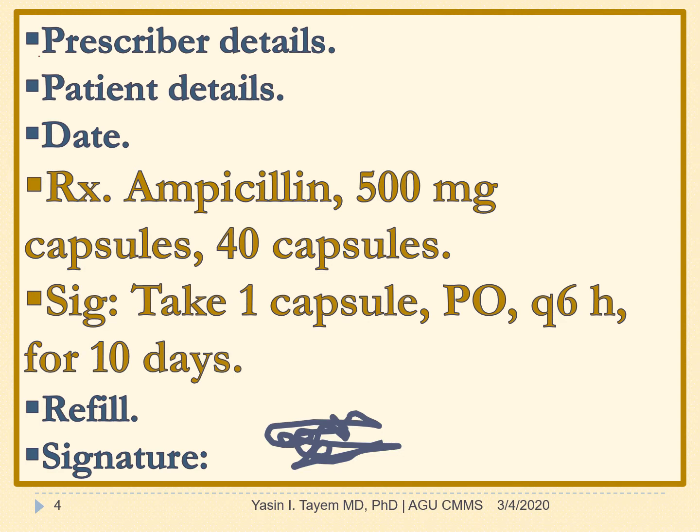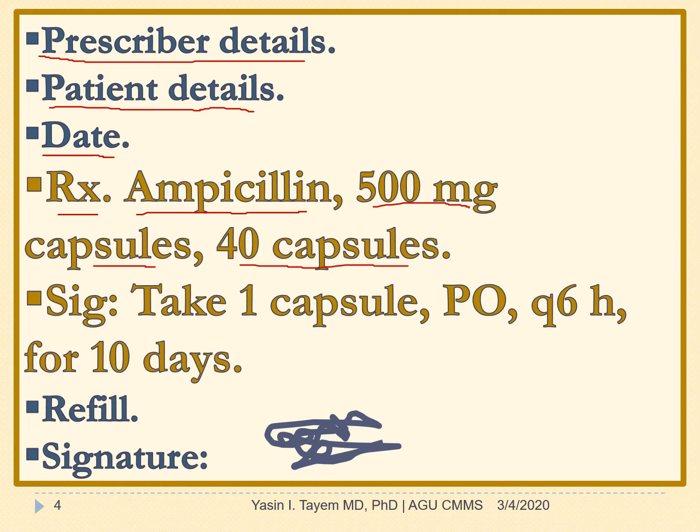It starts with the prescriber details, then patient details, then date, then the main body of the prescription, which includes Rx, which means dispense, followed by generic drug name, then strength, then formulation, then quantity to be dispensed, then instructions, which includes the dose, route of administration, frequency of administration, and the duration of treatment. Then at the end we have to add information on refill, and then we have to sign.